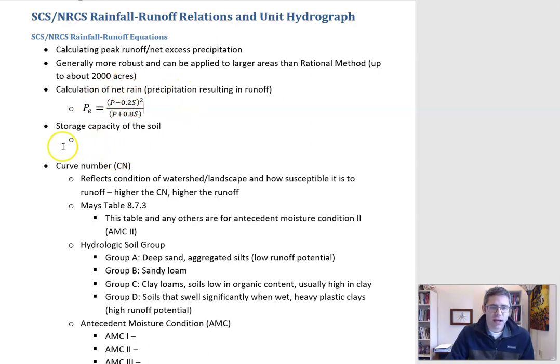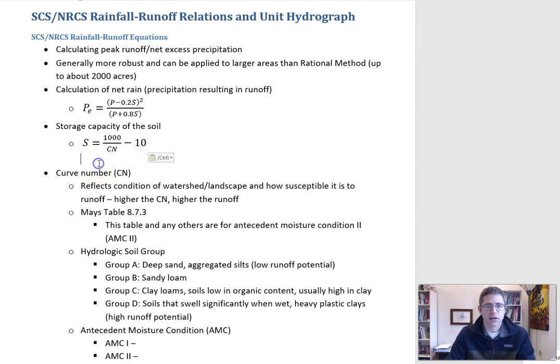What is S? S is the storage capacity of the soil. It has its own equation that looks like this. It says S is equal to 1,000 divided by CN, which is the curve number, minus 10. So this has to do with how much water the soil can absorb, how well it can infiltrate it before you start getting runoff.